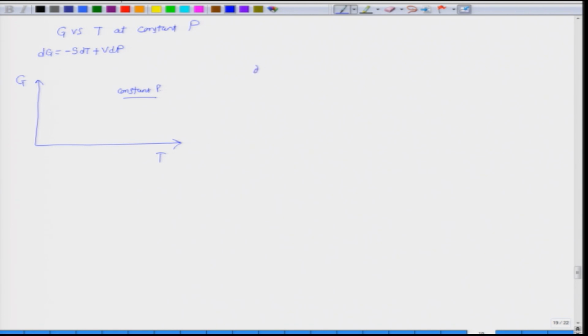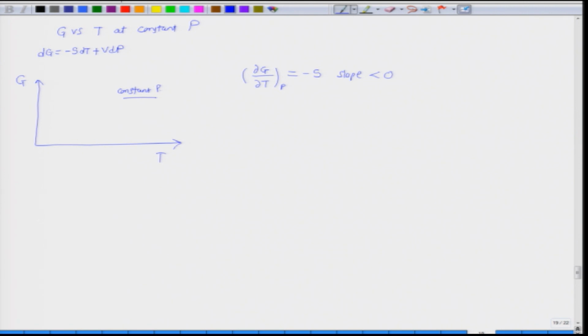Slope means variation of G with respect to temperature at constant pressure. From this equation, the slope should be equal to minus S, and entropy is always positive, right. So, the slope of G versus T curve has to be negative.